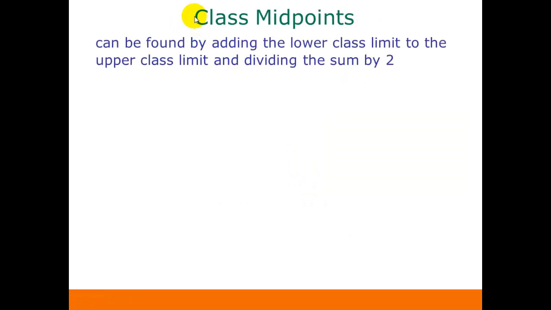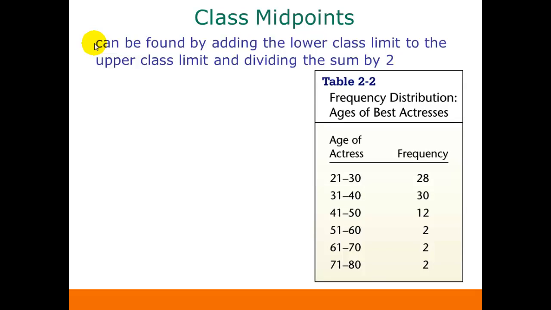Class midpoints we'll use in a later section of this course. All a class midpoint is, is the average of the lower class limit and the upper class limit. So all we have to do to find a class midpoint is, for a specific class, add the lower class limit and the upper class limit and divide by 2.